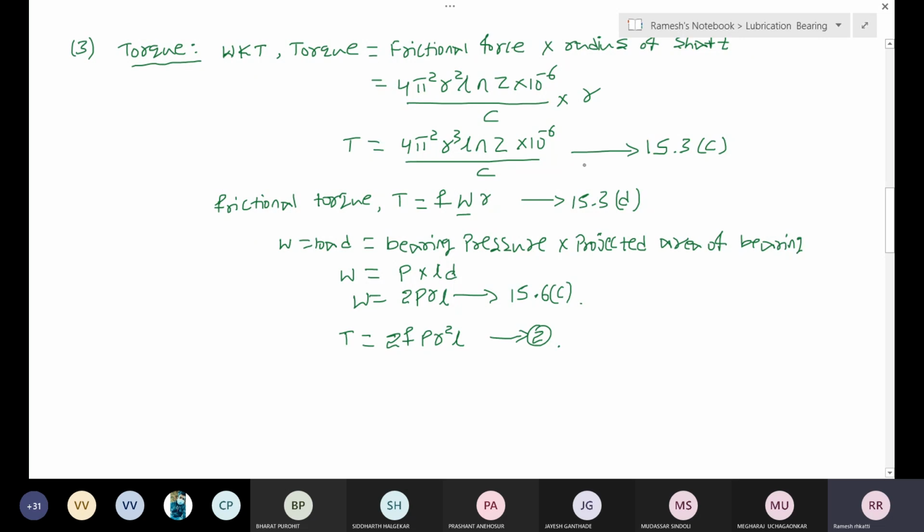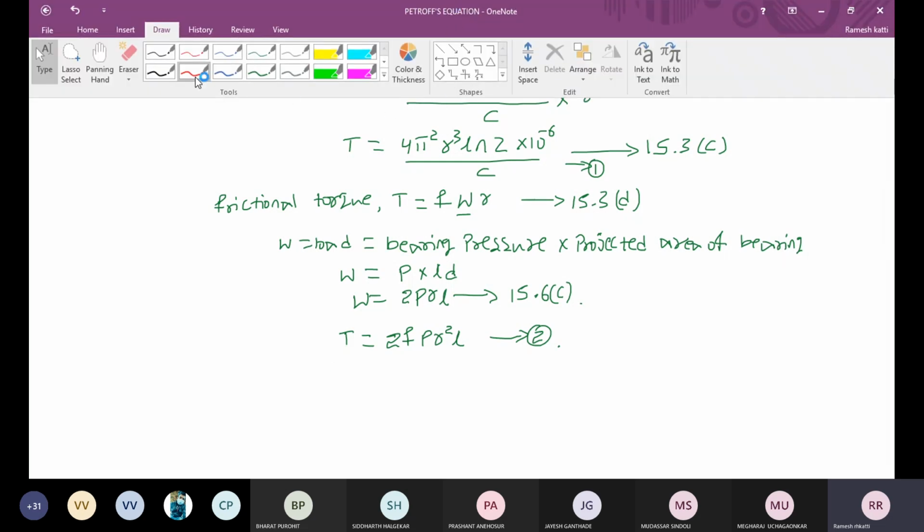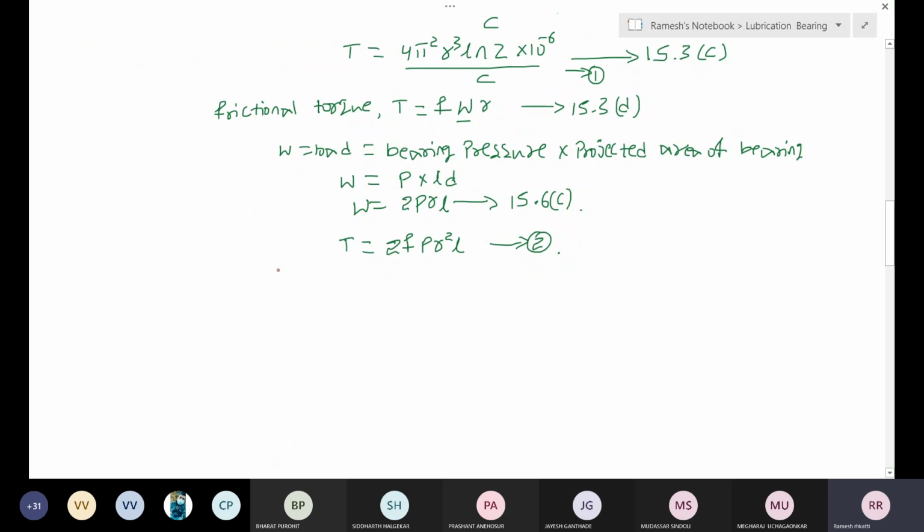Now from both these equations, equation 1 and 2, I am going to equate them. Equating equation 1 and 2.